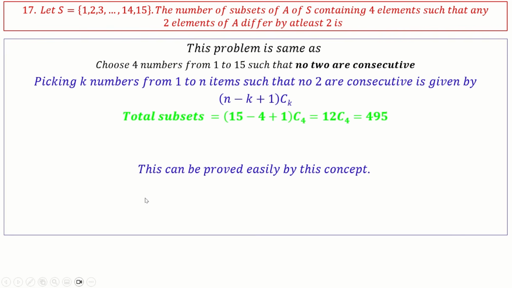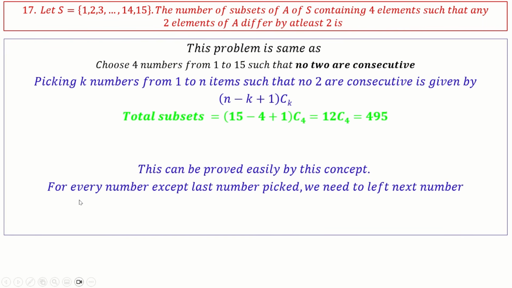This we can understand very easily. For every number except the last number picked, we need to leave the next number, correct? If I pick, let's say 2, I need to leave 3, correct? So for every k numbers, we create k minus 1 skips, correct? So many skips we have to create, because in between numbers are basically neighboring numbers, right?